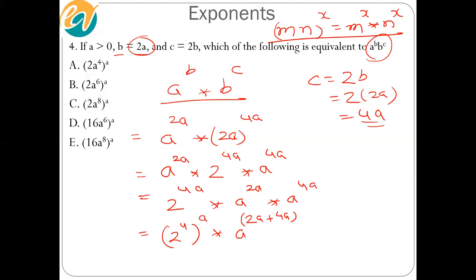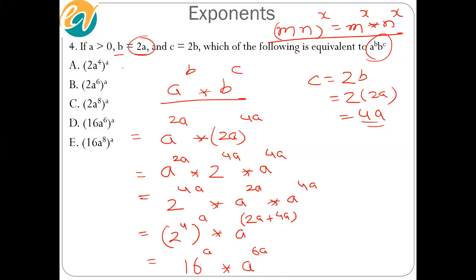Friends, are you with me? So 2 raised to the power of 4 is how much? 16 raised to the power of A into A raised to the power of 6A, right?